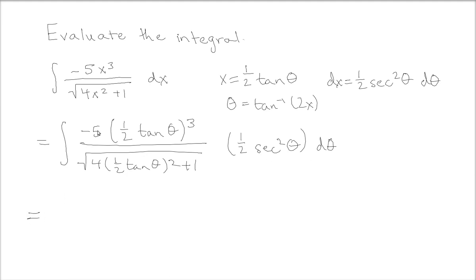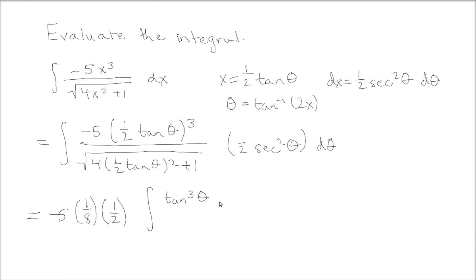First I'm going to pull out the constants, so I'm going to pull out this negative 5. And then I've got a 1/2 here, and that is cubed. So if I pull that out front, that'll give me a 1/8. And then I've got another 1/2 in front of the secant squared. So I pull that all outside of my integral. And then I'm left with tangent cubed theta on the top.